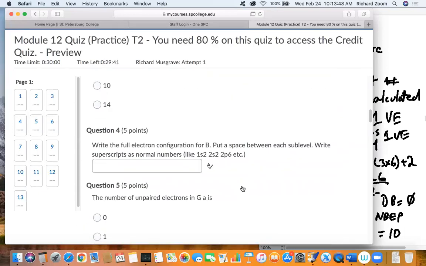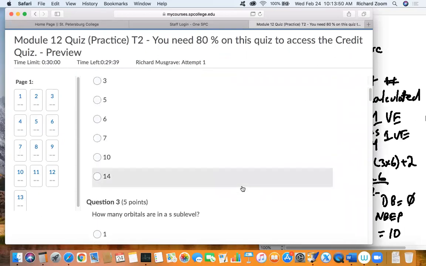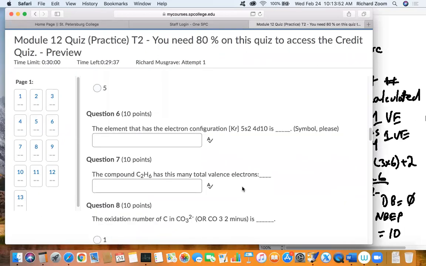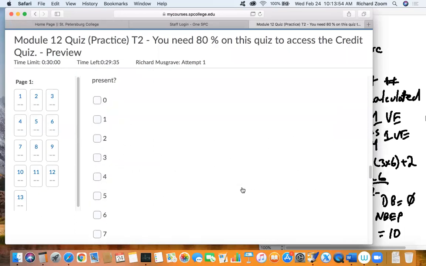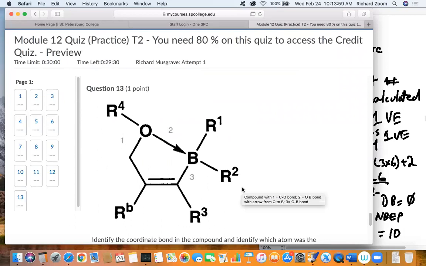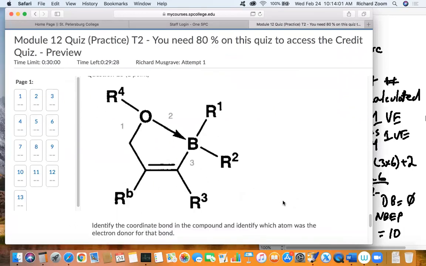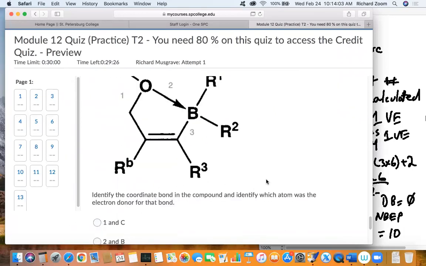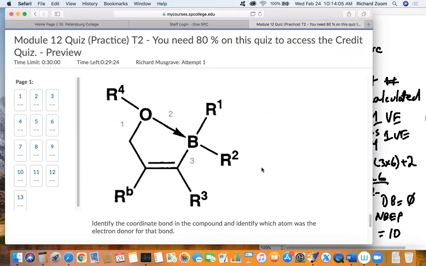So we've got the same kinds of questions really in the practice quiz as we do in the assignment. But it at least lays out and shows you, this is an example of a dative covalent bond as well. And it's asking here where the dative covalent bond would be.